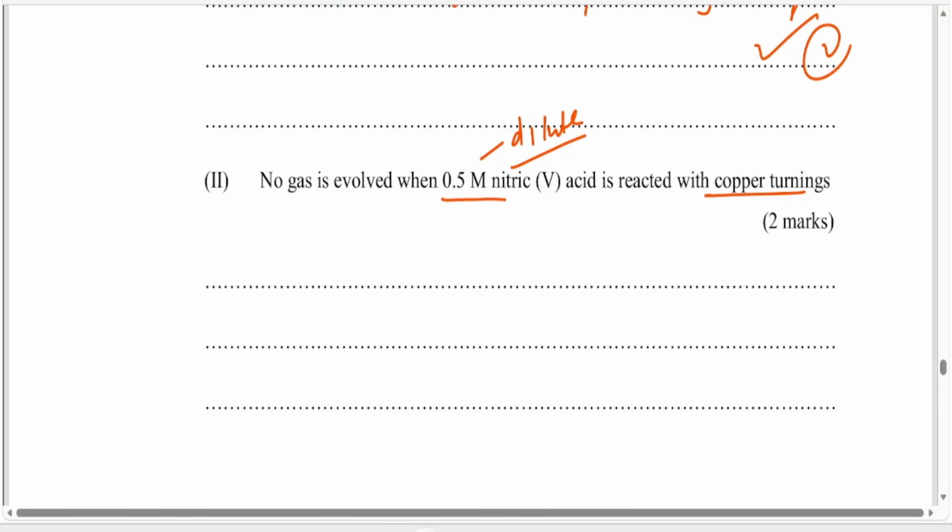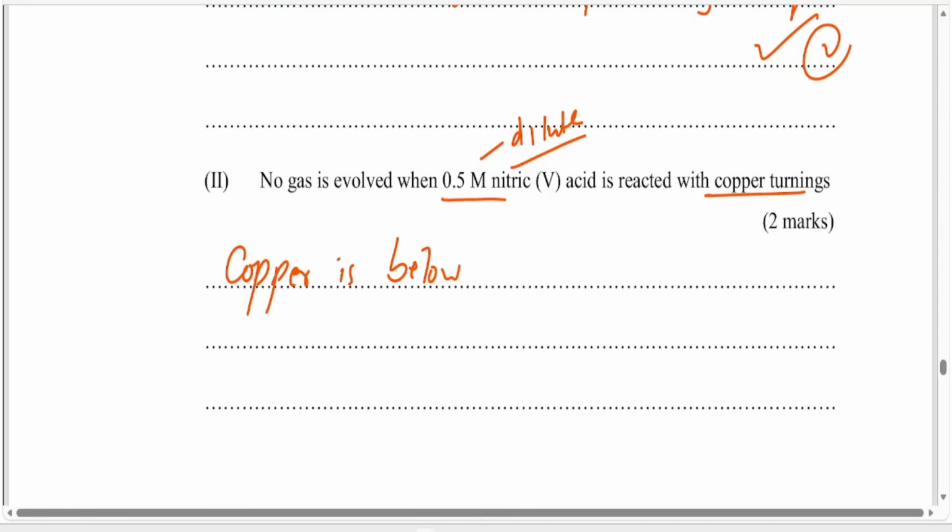Remember, for copper to react with any acid, it is copper displacing hydrogen from the acid so that the copper picks the sulfate, the nitrate, and then the hydrogen is evolved as a gas. So in this case, we say copper is below hydrogen in the reactivity series, and thus it cannot react with dilute nitric 5 acid.